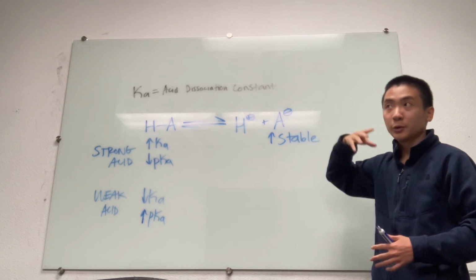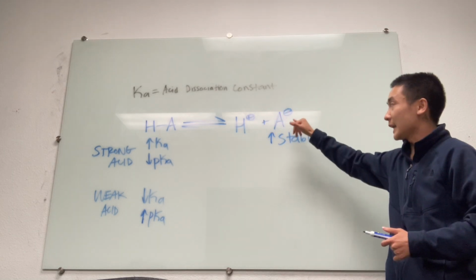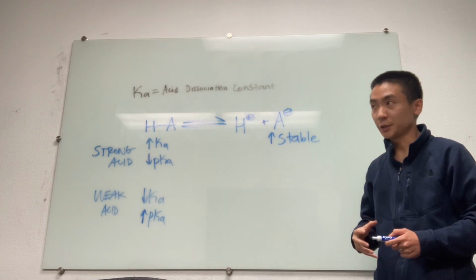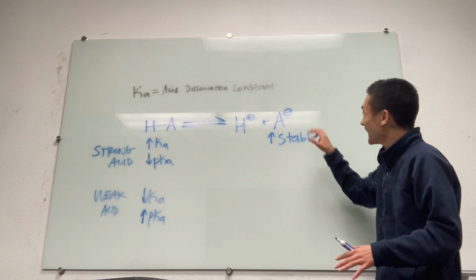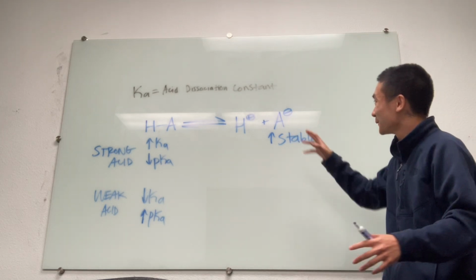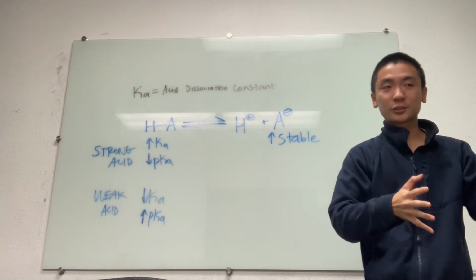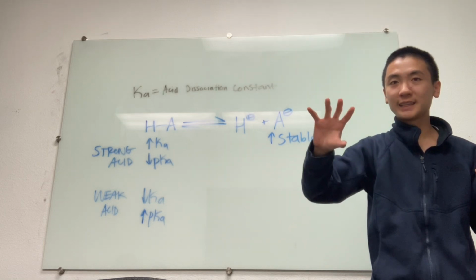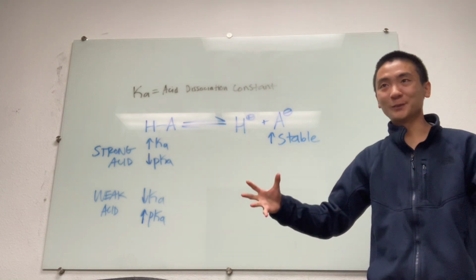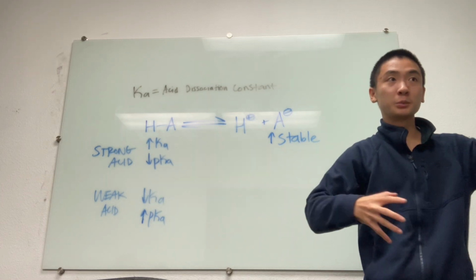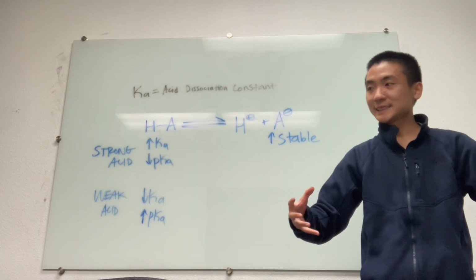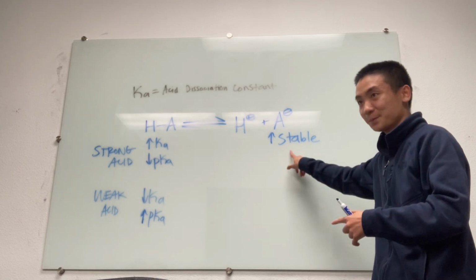If the atom is more electronegative, then that atom is better able to hold that negative charge. Another important factor is resonance. Right? Like if that molecule is able to do a resonance, allowing for the negative charge to move around or be delocalized, think of it as breathing room. The more resonance a molecule has, the more space it has for the charge to move around, to breathe, which makes it more stable, right?